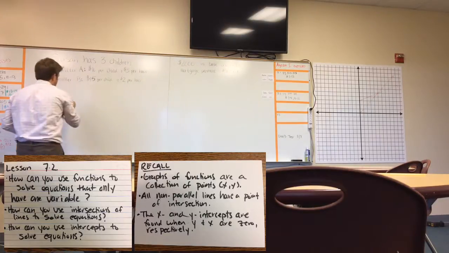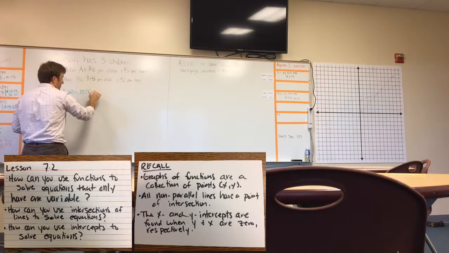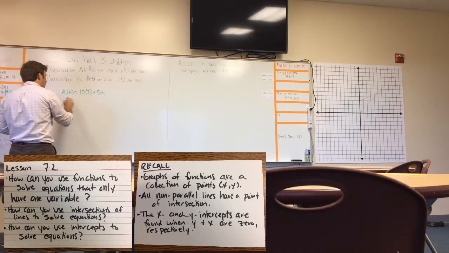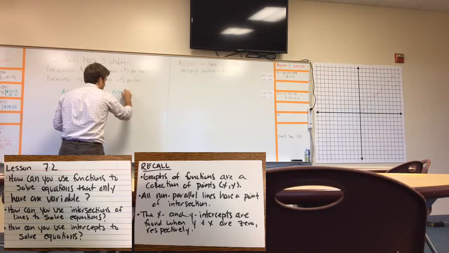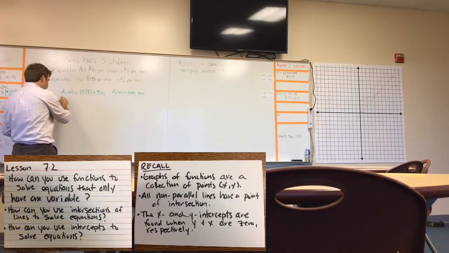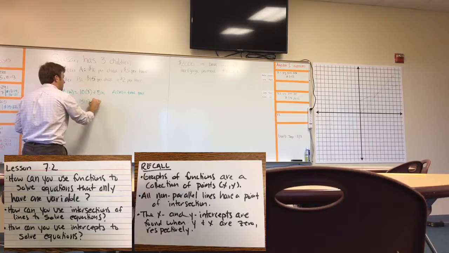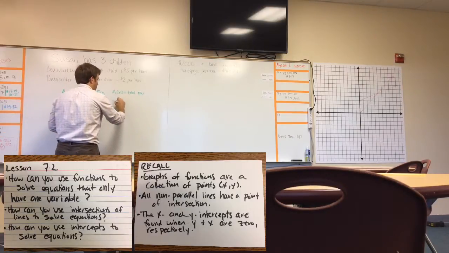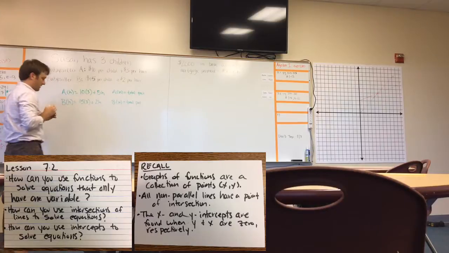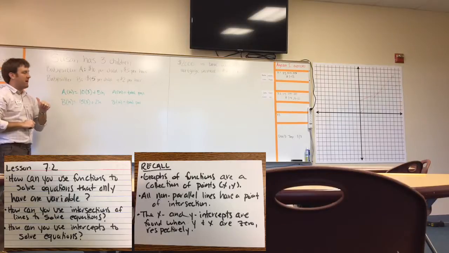So for instance, A of H equals 10 times 3 plus 5H, $5 for every hour, where A of H is total pay for Babysitter A. Then B of H equals 15 times 3 plus 2H, where B of H is total pay for Babysitter B. Again, we got that 3 from the number of children that the mother has.